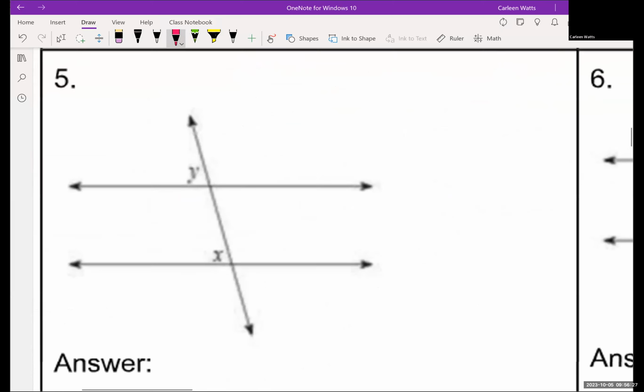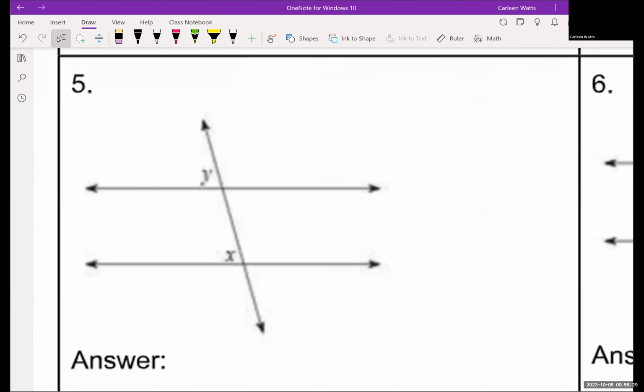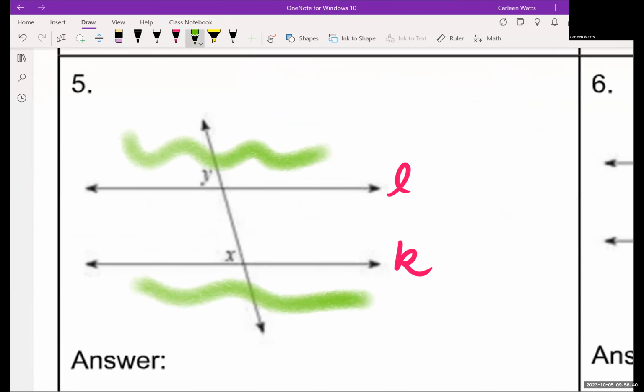Number 5. Okay, one's on line L and one's on line K. One is on the exterior and one is on the interior. So let's describe these as top left and top left.